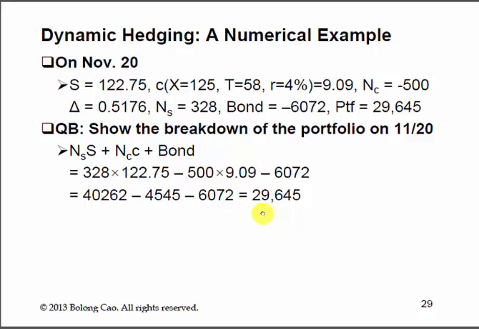Initially in the setup, I should have put in my own money to support this long underlying position, and my own money still has $29,645 left as equity in this whole portfolio.